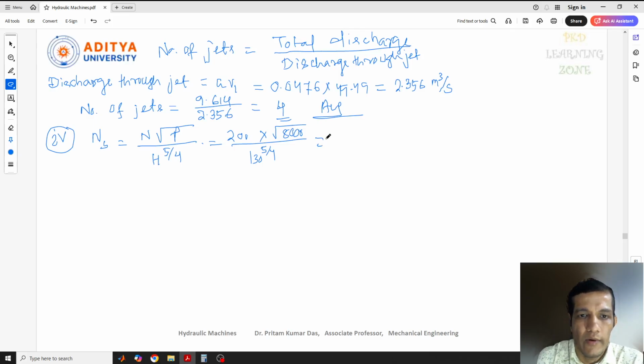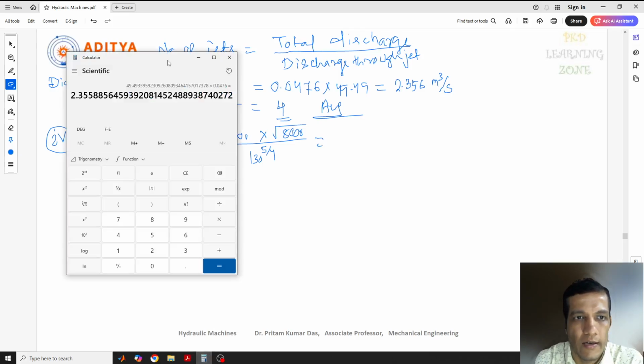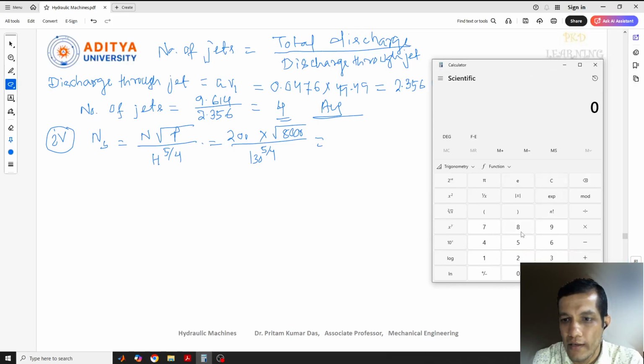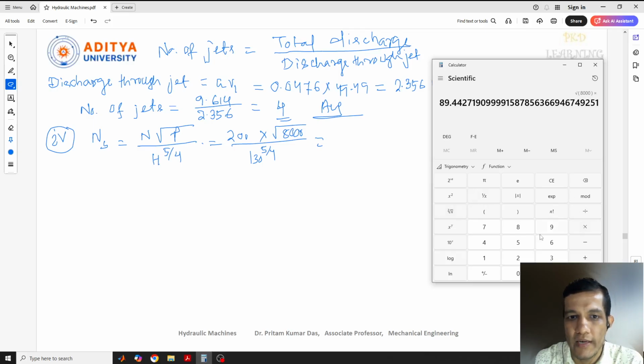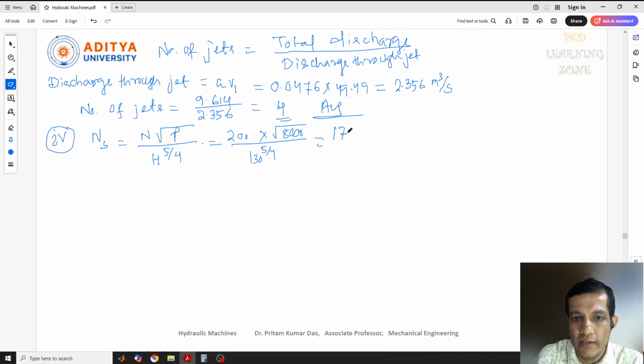So now we'll calculate one by one. Suppose 8000, root over of this is 89 point something, multiplied by 200. How much will we get? 17,888 point something, suppose 5.